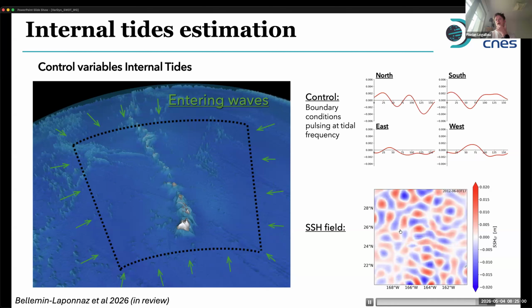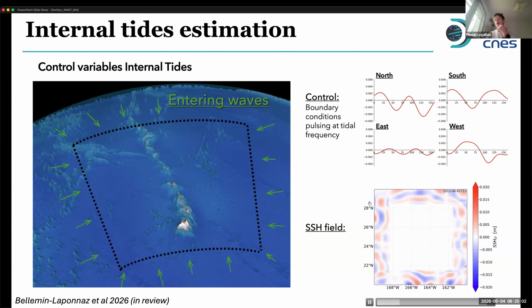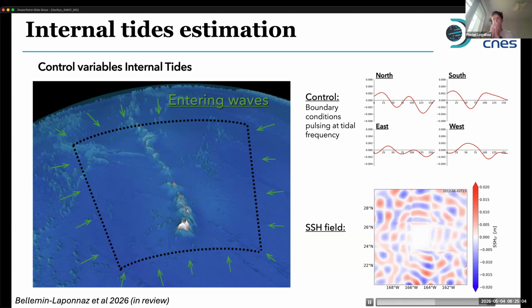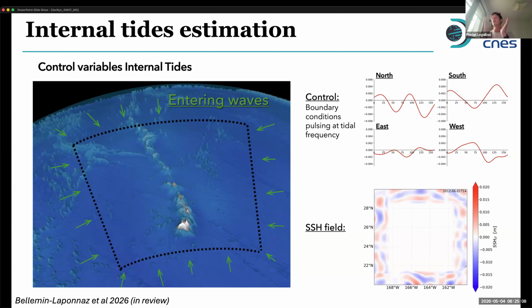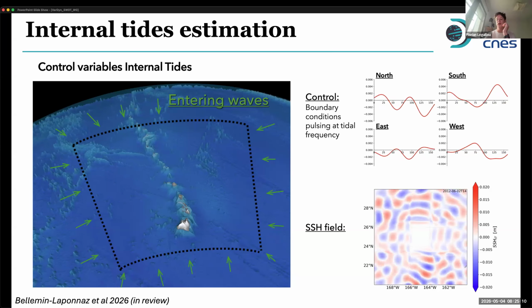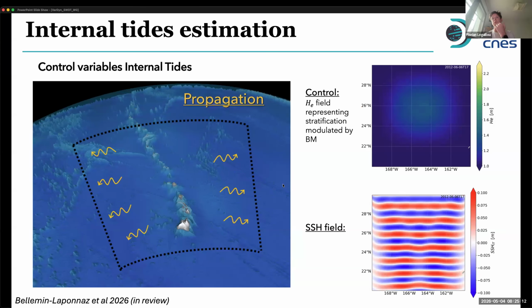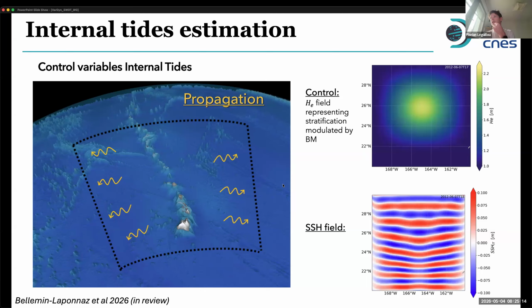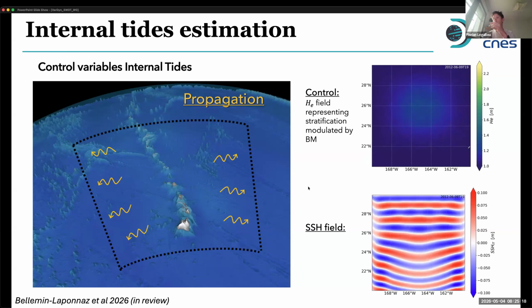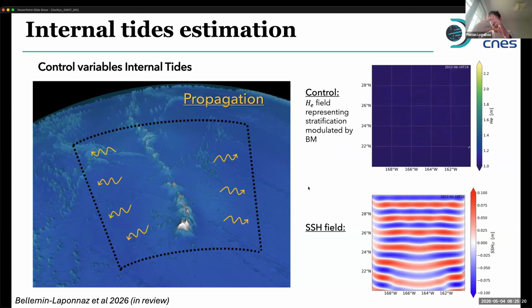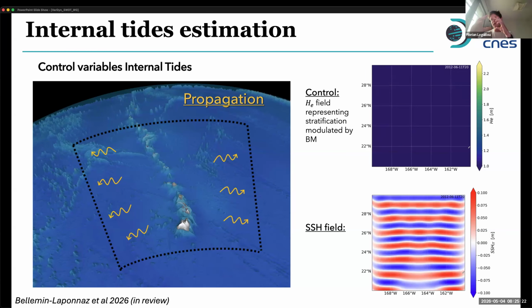Here is just an example if we make random waves enter at all the borders. We have that kind of field. And then I think the most important parameter is the He field, which allows us to modulate the wave phase speed.